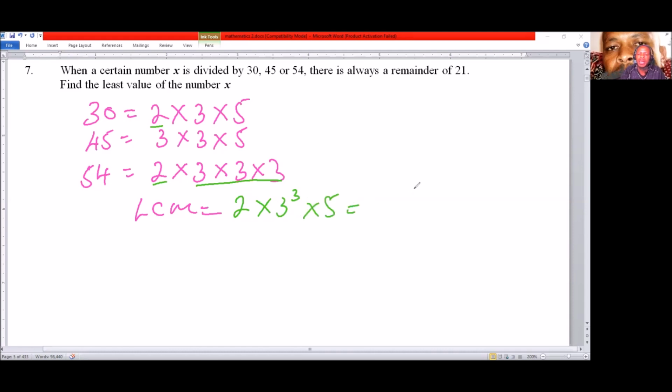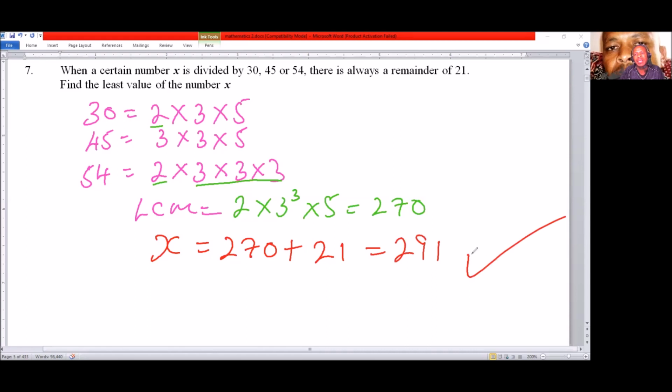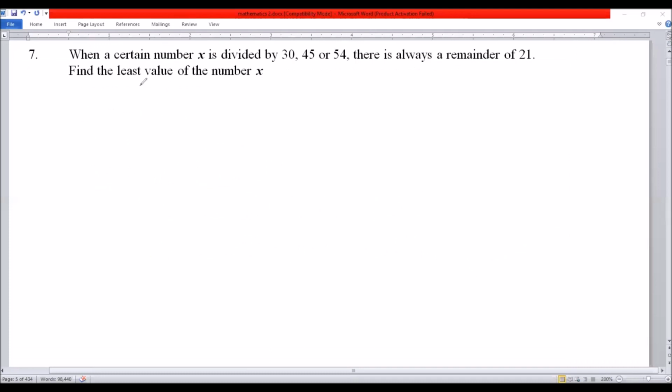When you multiply, you should be able to get 270, implying that our x, since when you divide this number by these three numbers there is always a remainder of 21, is 270 plus 21, and that will give you 291. So that is the number represented by x. An alternative method that we can use to solve this is this table.